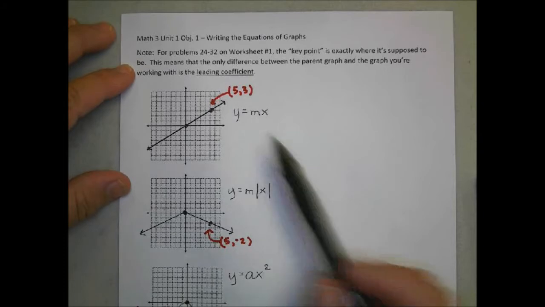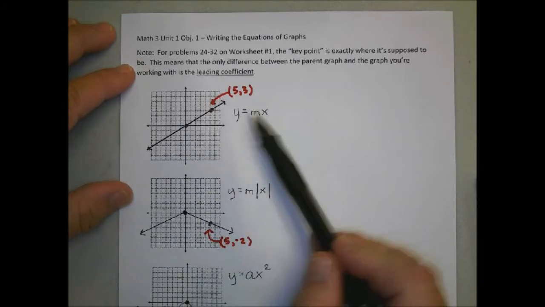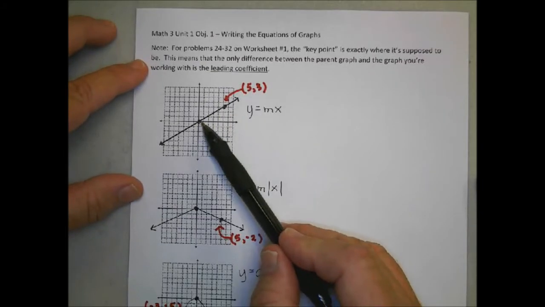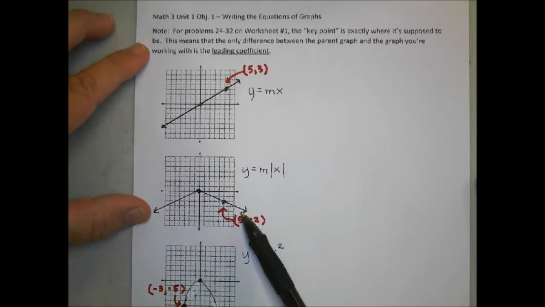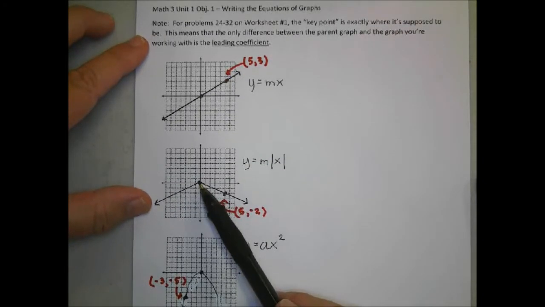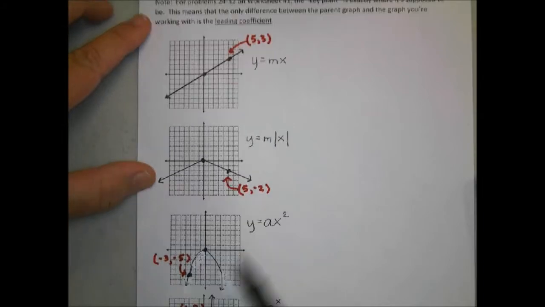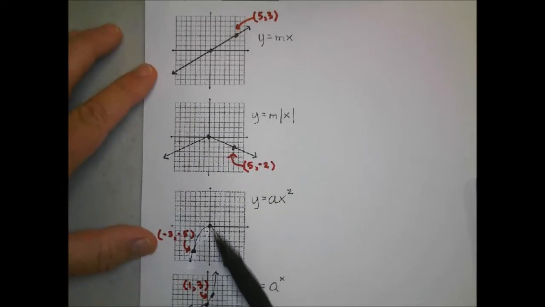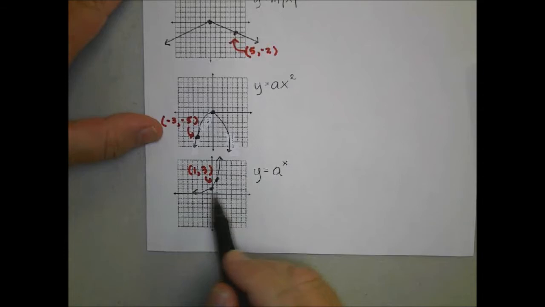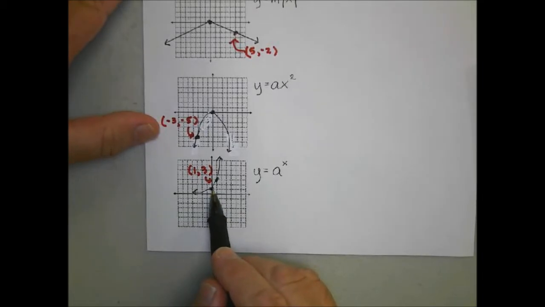This is obviously just a regular old linear equation that passes through 0, 0. Absolute value v that has a vertex at 0, 0. A parabola that also has its vertex at 0, 0. And then there's the exponential growth graph whose key point is 0, 1. And sure enough, there it is right there.